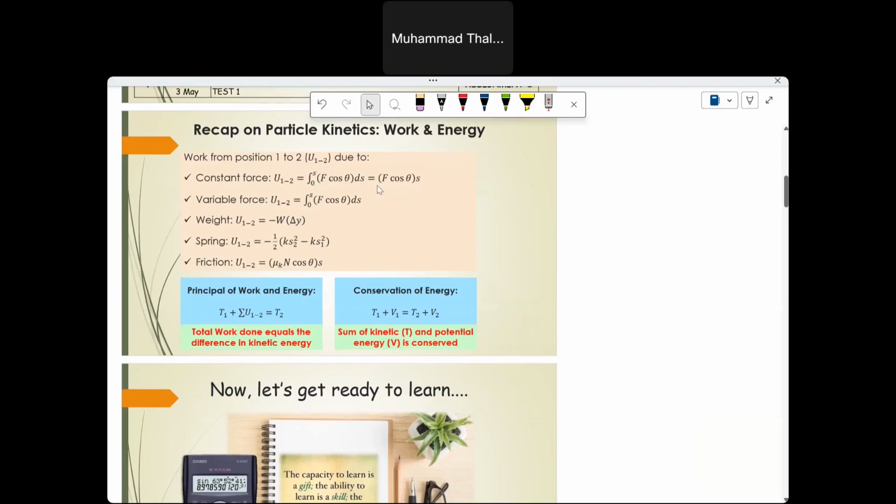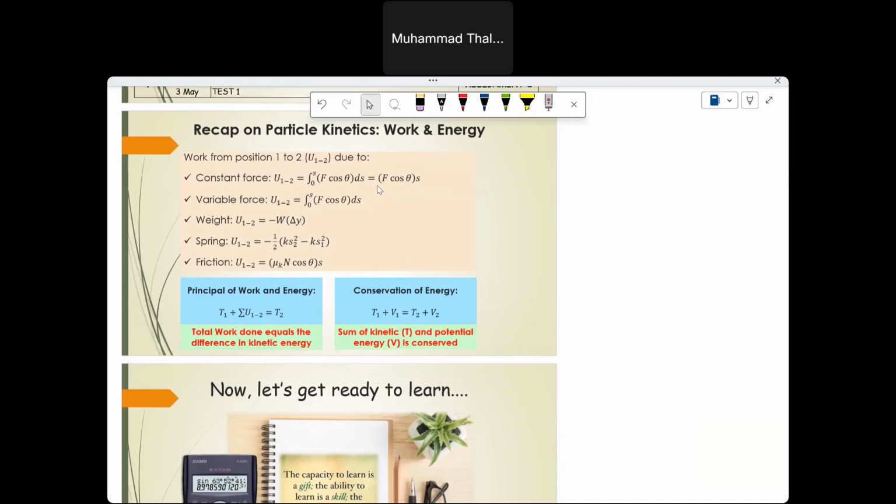F cosine theta and ds becomes s minus 0, which is just the displacement s. Now you have the variable force, whereby you cannot simply remove the integration part. You have to integrate the function of force with respect to, let's say, the displacement. F is a function of time, F is a function of something, right?